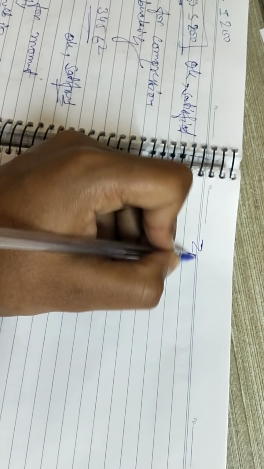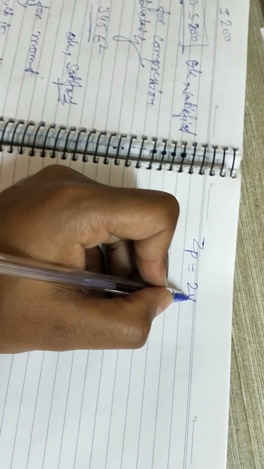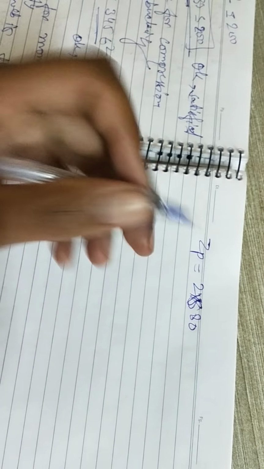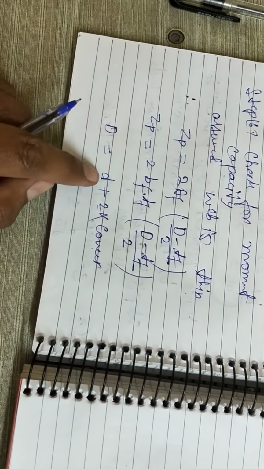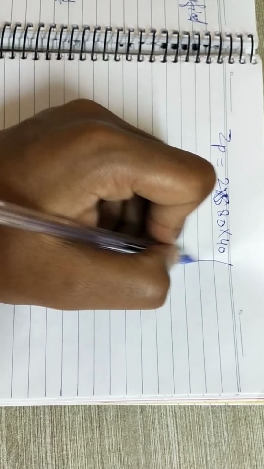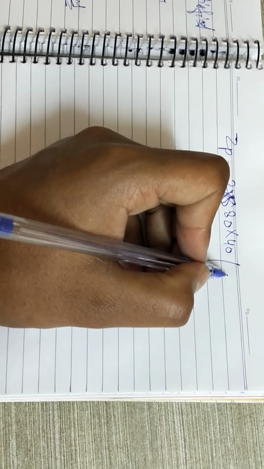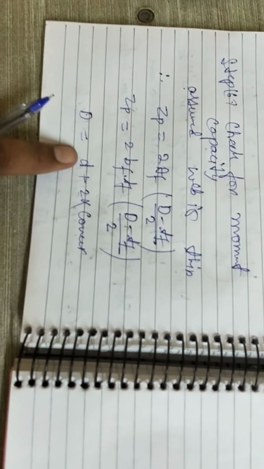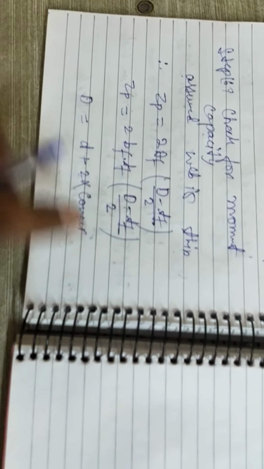So we will calculate Zp equals 2 into bf, which is 580, into tf, tf is 40, into capital D minus tf. Capital D equals small d plus 2 into cover.